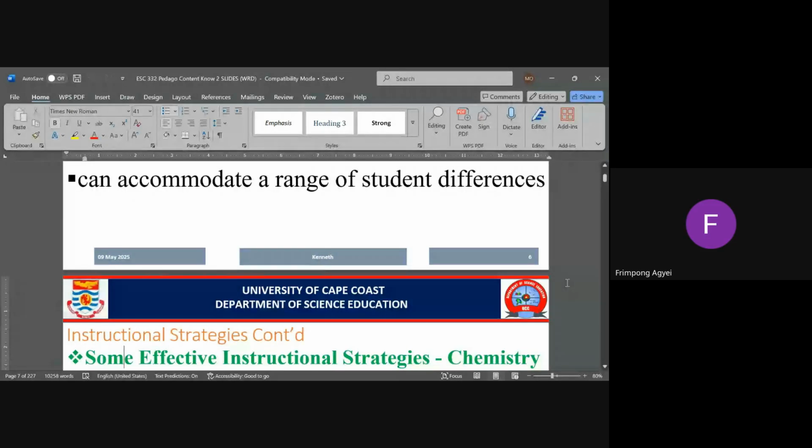Okay, bro. So let's look at some of the effective instructional strategies that can be used in the chemistry classroom. On the other hand, some of the instructional strategies that can be used effectively in our classroom. Let's mention some of them.